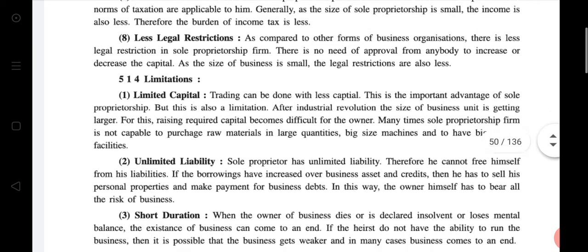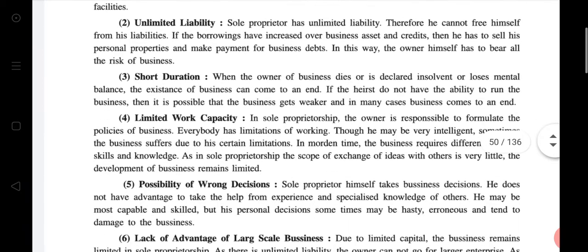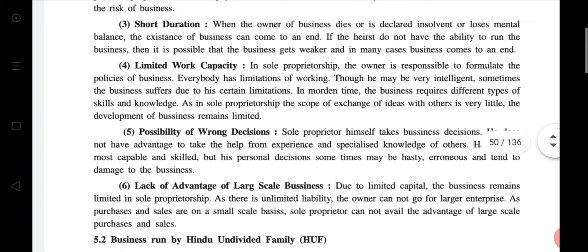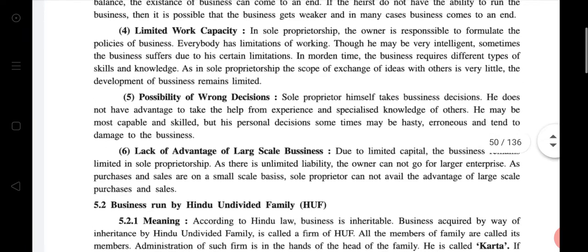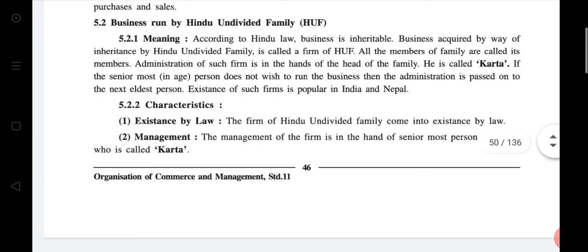Now the limitations of sole proprietorship: capital limited, liability unlimited, then duration short, work capacity limited because a single person does all the managing, controlling and running. So the work capacity of one person is limited. Then possibility of wrong decision. Then lack of advantage of large scale business.